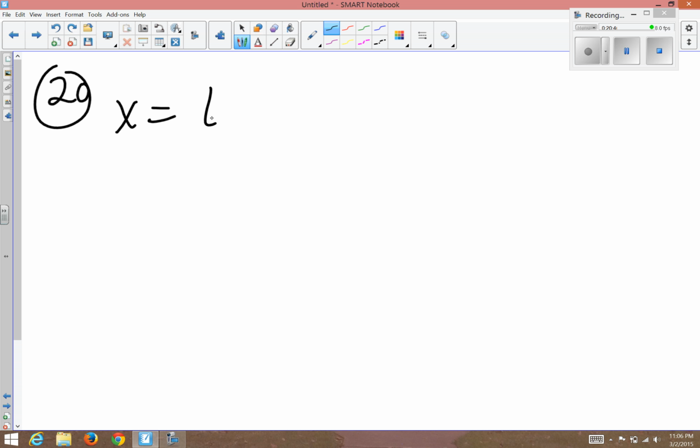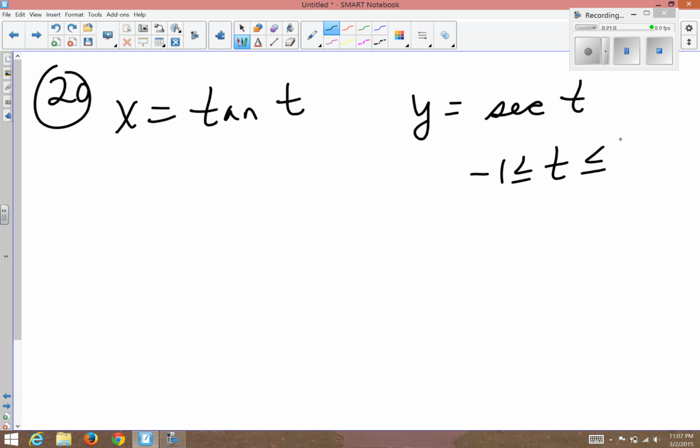X equals tan t, and y equals 2 secant t, and t is between negative 1 and 1. To sketch the curve, we'll make a column of t values that start at negative 1 and go up to 1.